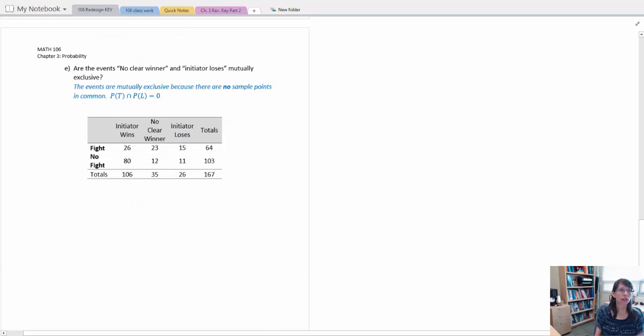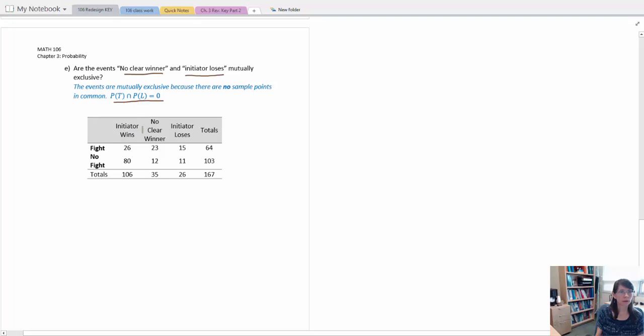The last question is asking us, are the events no clear winner and initiator loses mutually exclusive? So if events are mutually exclusive, there are no sample points in common, so their intersection is equal to 0. So first let's find those events in the table.